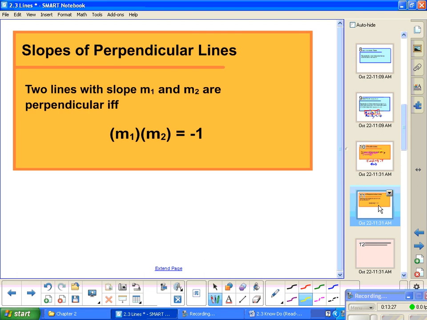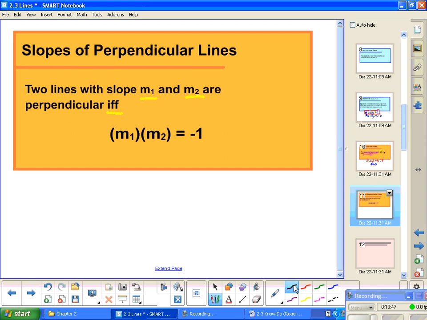Slopes of perpendicular lines. Two lines with slopes of m sub 1 and m sub 2 are perpendicular if and only if, there's that if and only if again, abbreviated IFF, their product is -1, which is simply another way of saying that their slopes are opposite reciprocals.